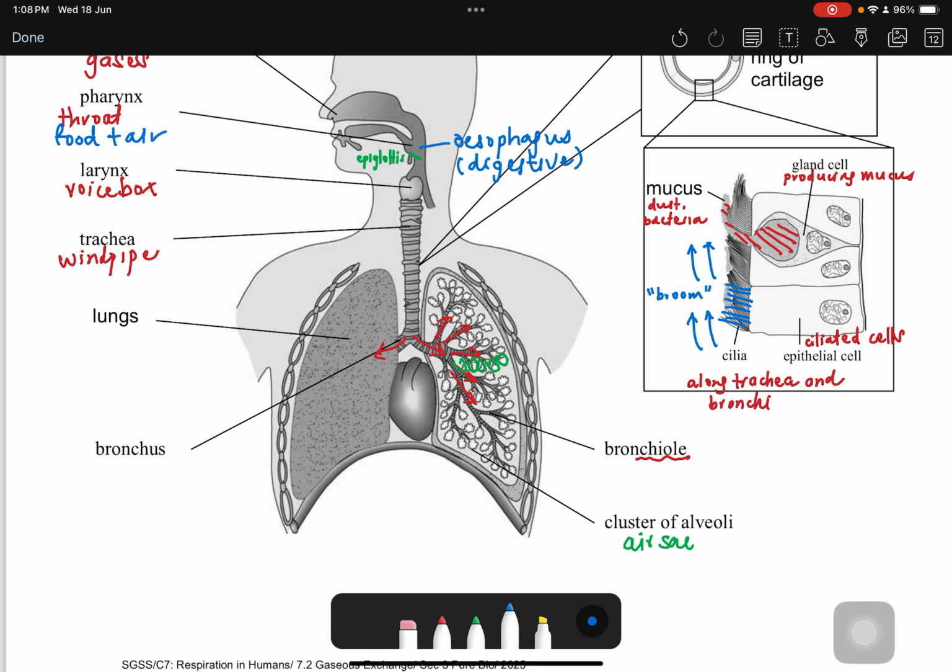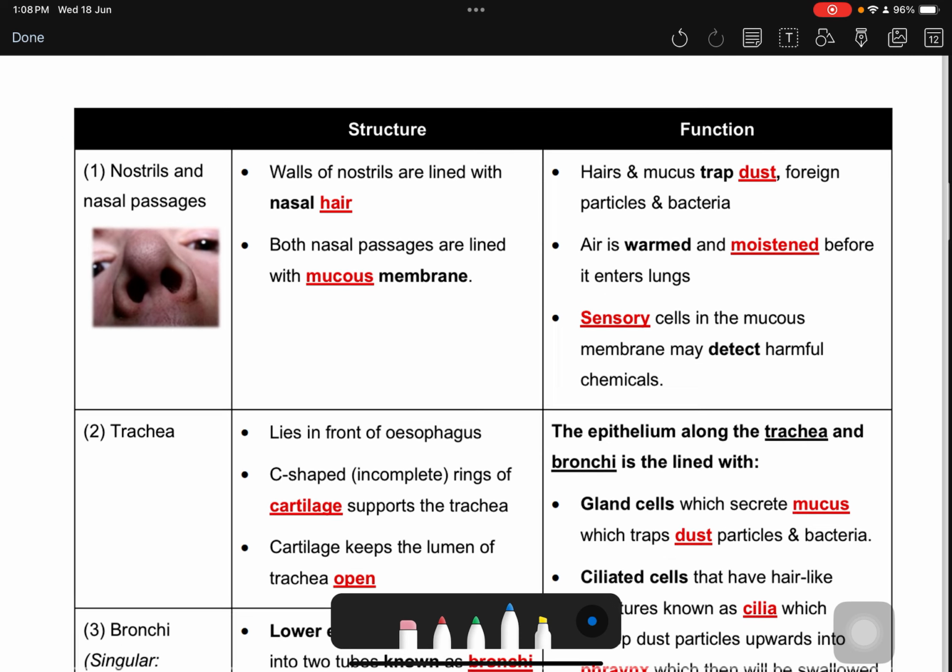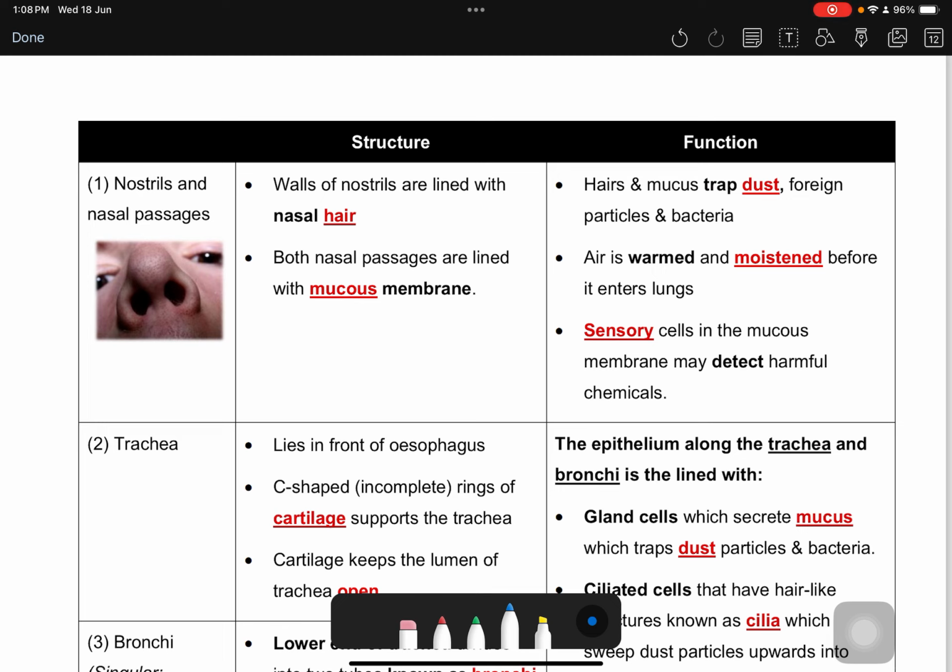Now let's dive in deeper into each of the structures and understand the function that it plays. Starting with the nostril and nasal passage. Your nasal hair actually serves a very important purpose of trapping dust, foreign particles, and bacteria. This is the first line of defense, to prevent foreign particles from entering your respiratory system.